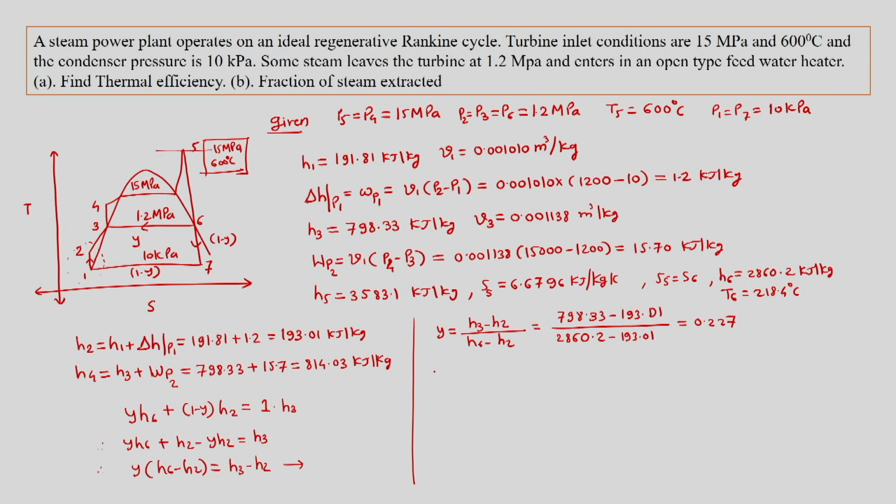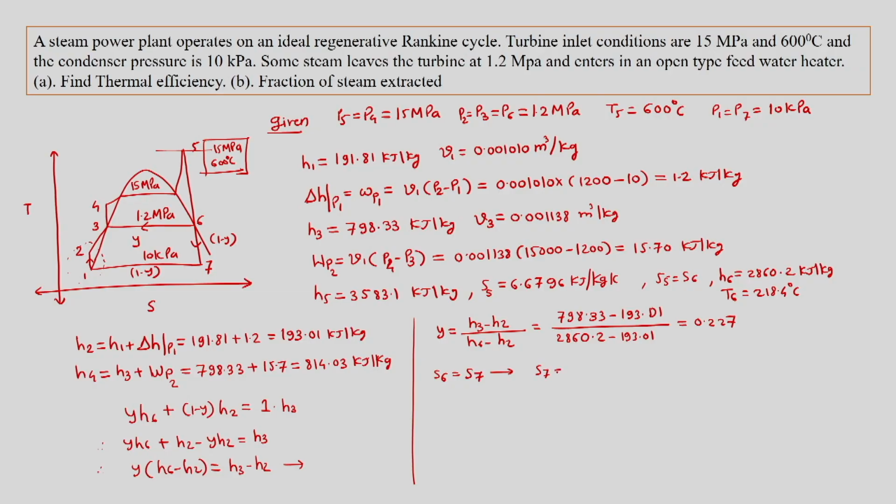Further, we can find state 7, where we take S6 equal to S7. We go into the steam table and see at what condition the entropy at state 7 is equal to state 6, and it happens in this case that we are inside the dome. That means S6 is lesser than the saturated vapor entropy at 10 kilopascal.